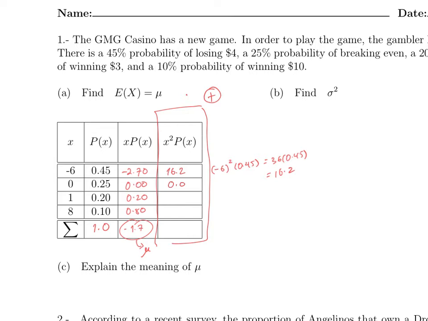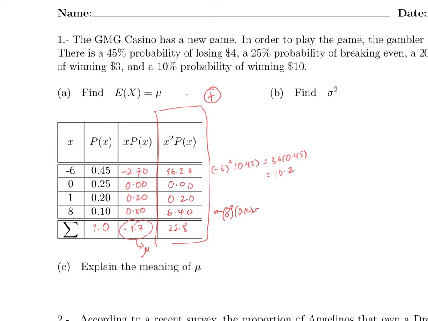Then what about the next one? It will be 0.2 or 0.20, doesn't matter. And for the last one, remember, it is going to be 8 squared times what? 0.10, which happens to be 6.4. Okay? And then if you add everything, the answer is 22.8.